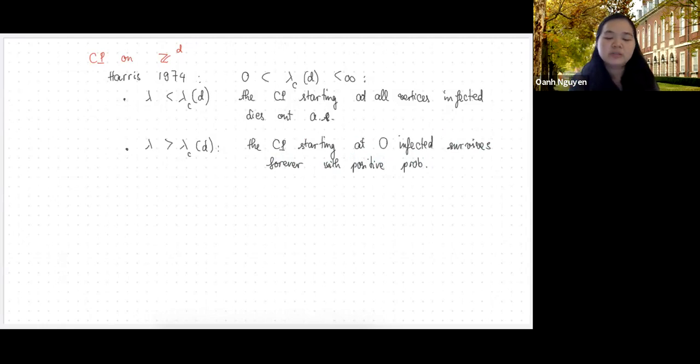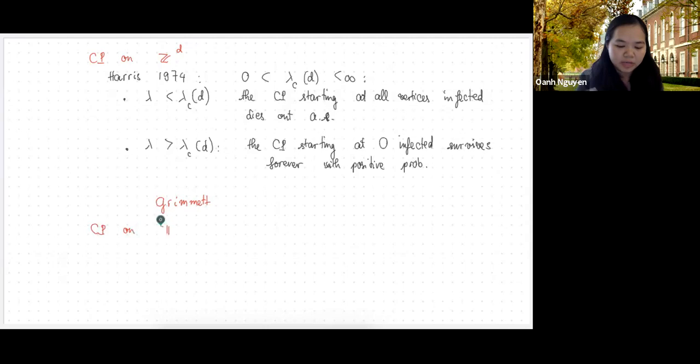If you are interested in learning about the contact process, one resource that I would recommend is section 6 in the book of Liggett, where you can find some very nice results explained very well.